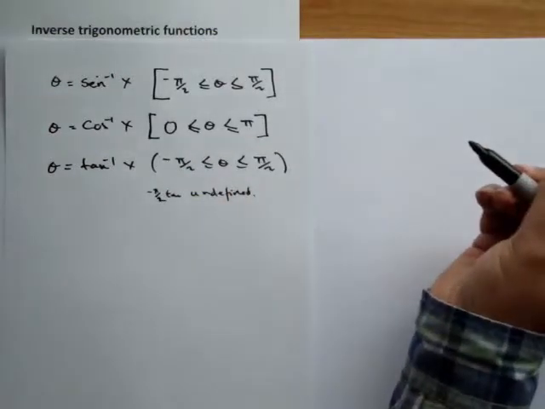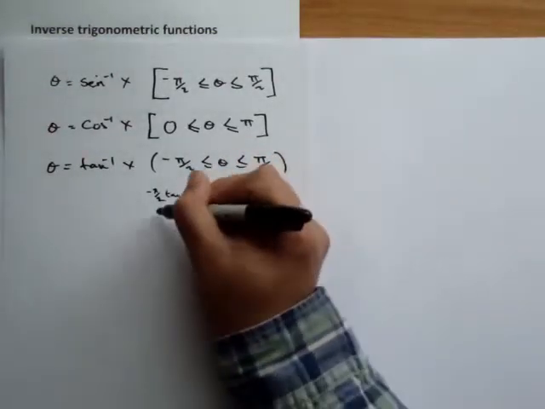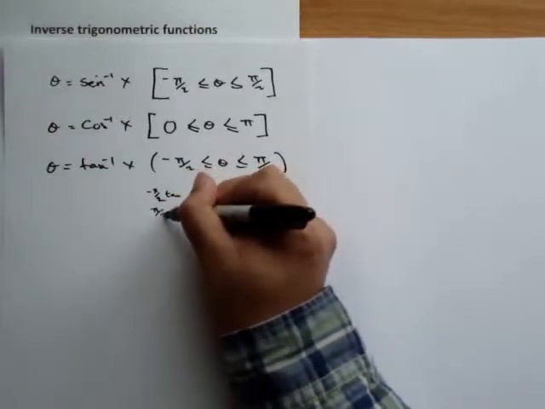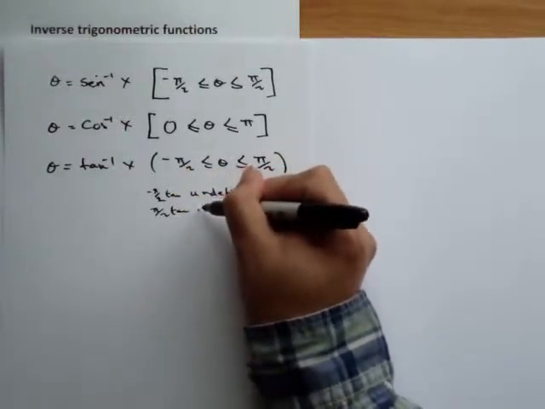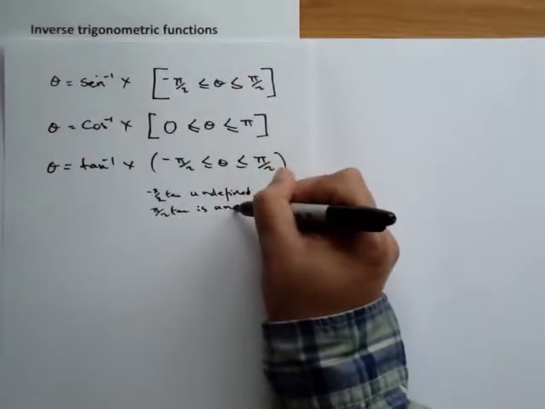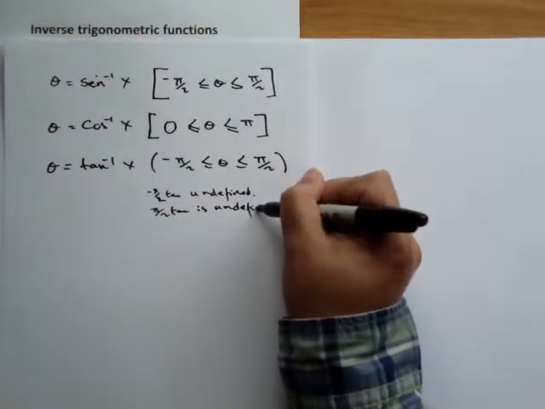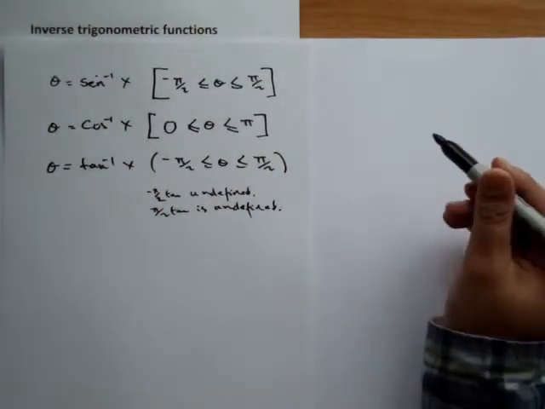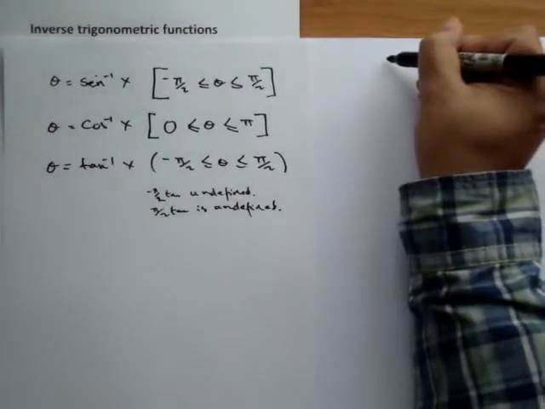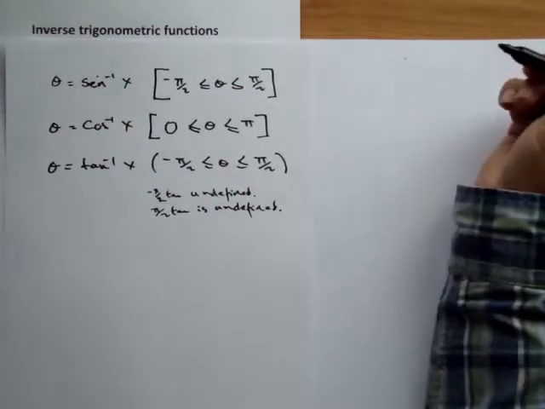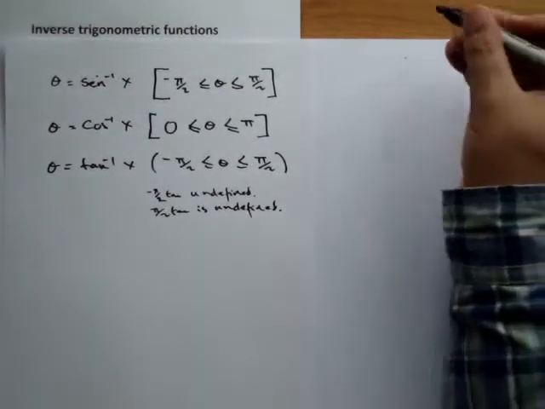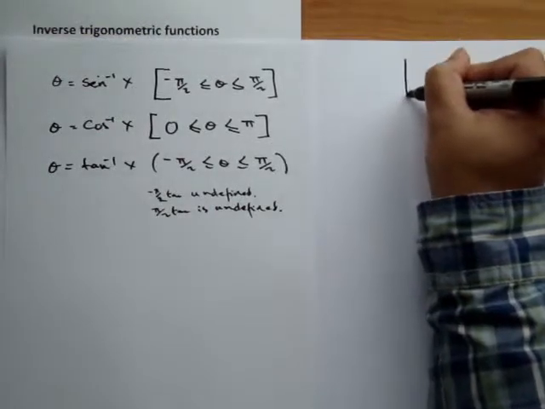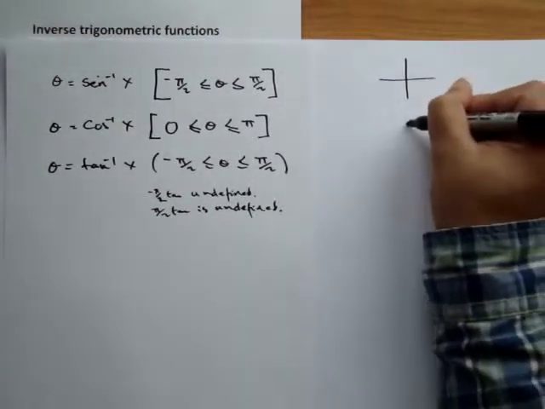So minus pi over 2 is excluded, and similarly at pi over 2 tan is undefined. If we look at this in a pictorial form using our 4 quadrants in a unit circle.